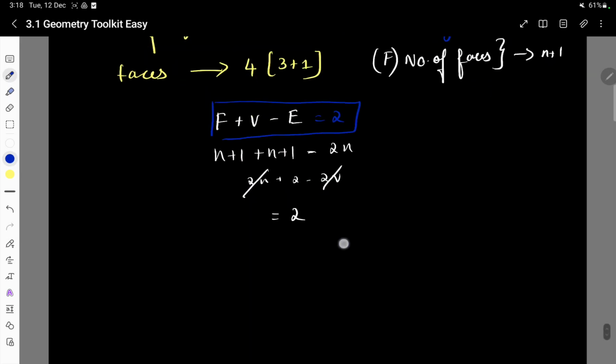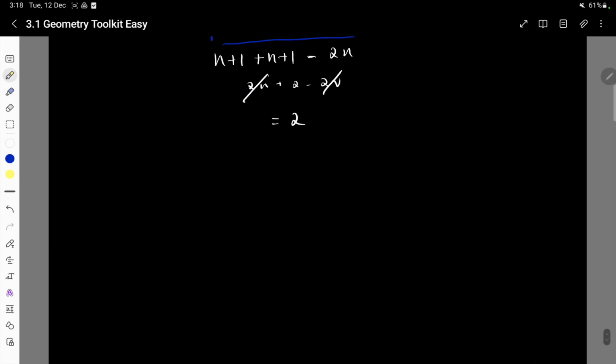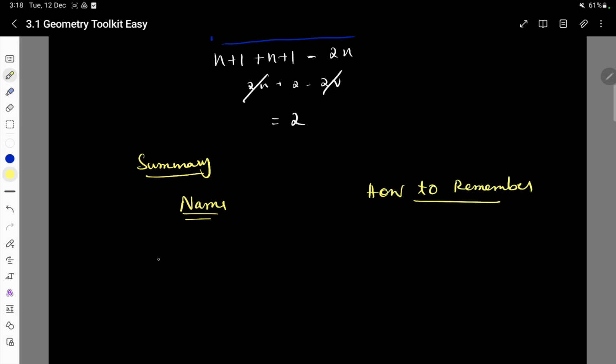Now coming to the question, how to remember this? See here, summary. First the name, whatever name we have, and how to remember it. If they ask vertex, what they are asking is the corner points. Remember like this: corner points.